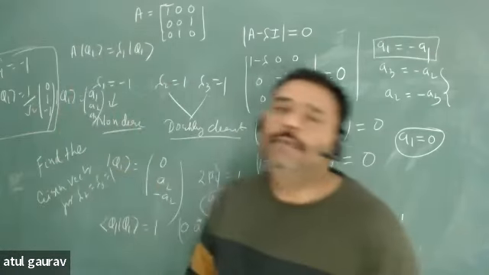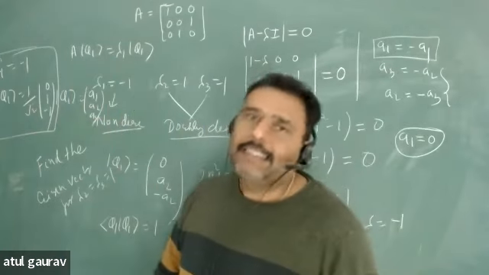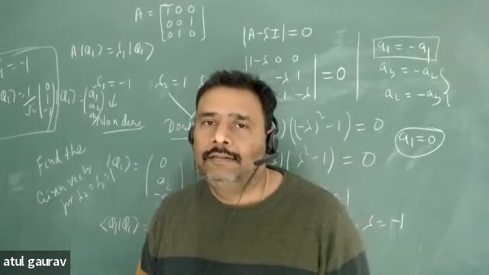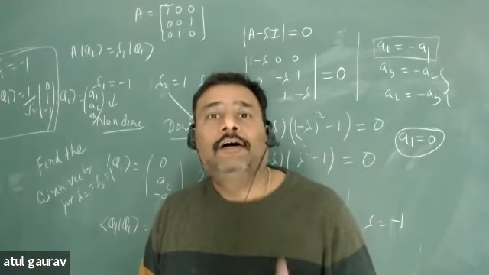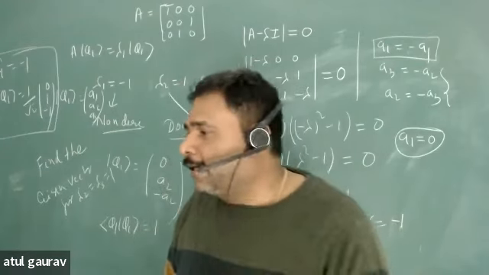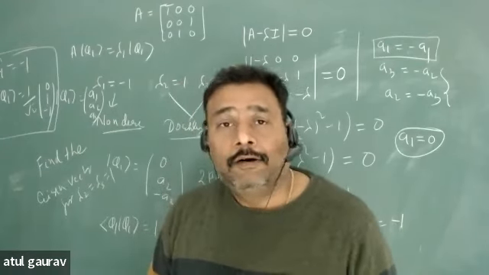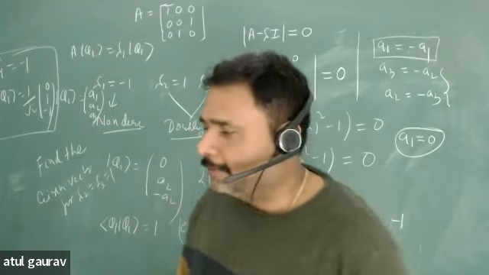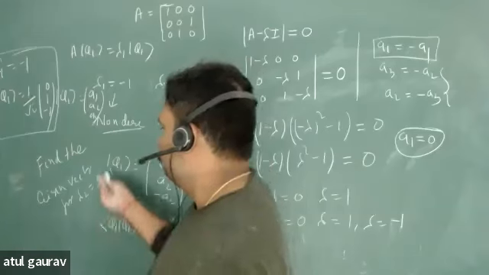And you have to make sure that these eigenvectors must be orthonormal. Normalize you will be able to do, but what will be the challenge? Orthogonality. Let's see what you do.